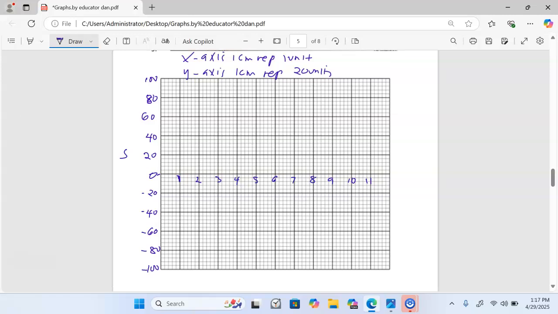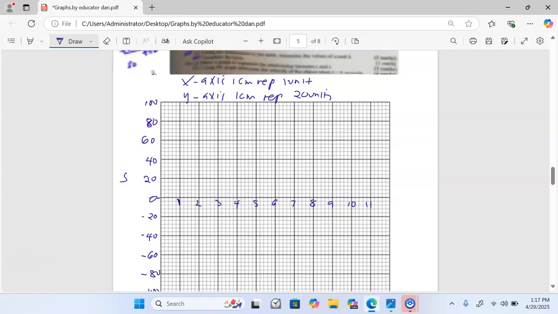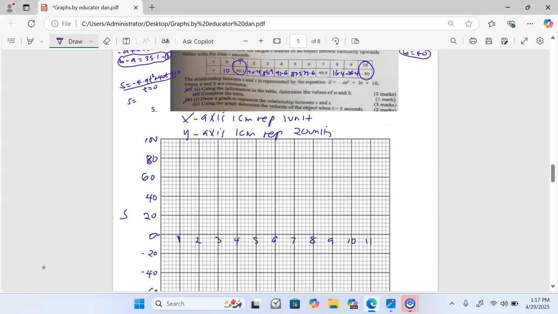With that, now we can start plotting. We have our values. When t is 0, the value of s is 10. You can see from that point there, 10 is around half of this.